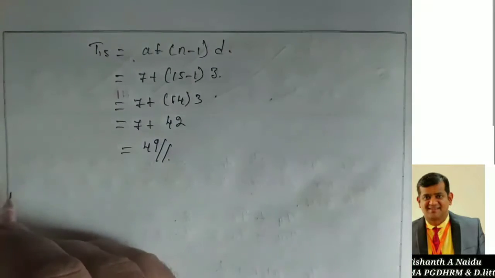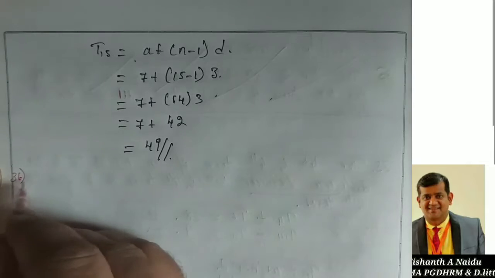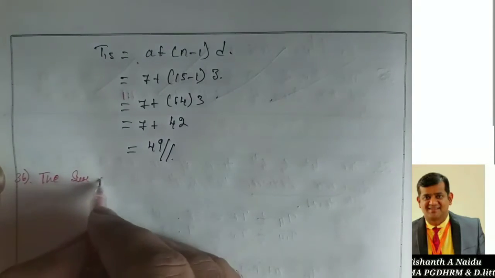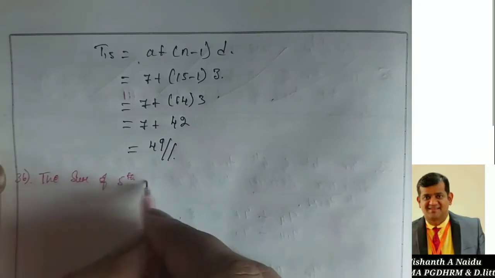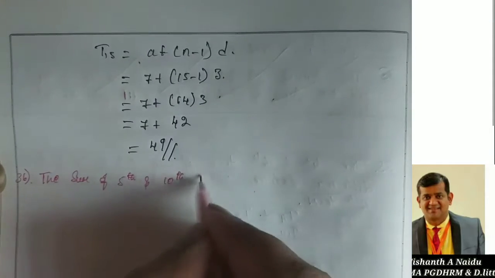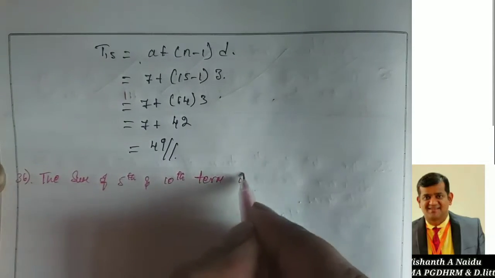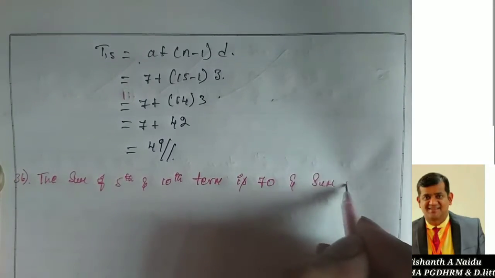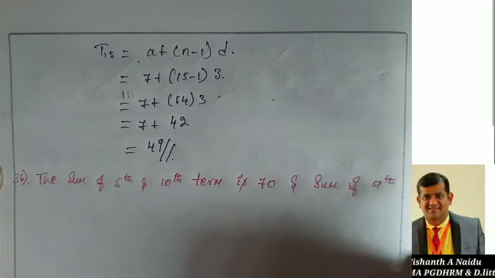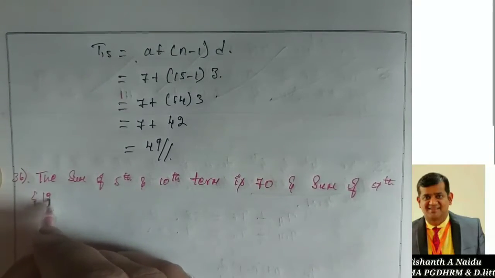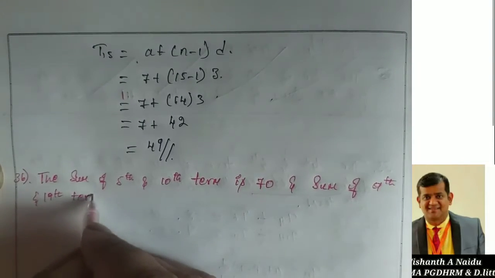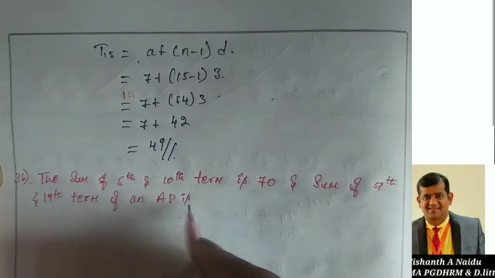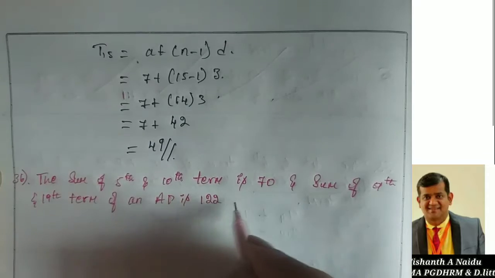So next I'm moving towards problem number 36. The sum of the 5th and 10th term is 70 and the sum of the 9th and 19th term of an AP is 122.